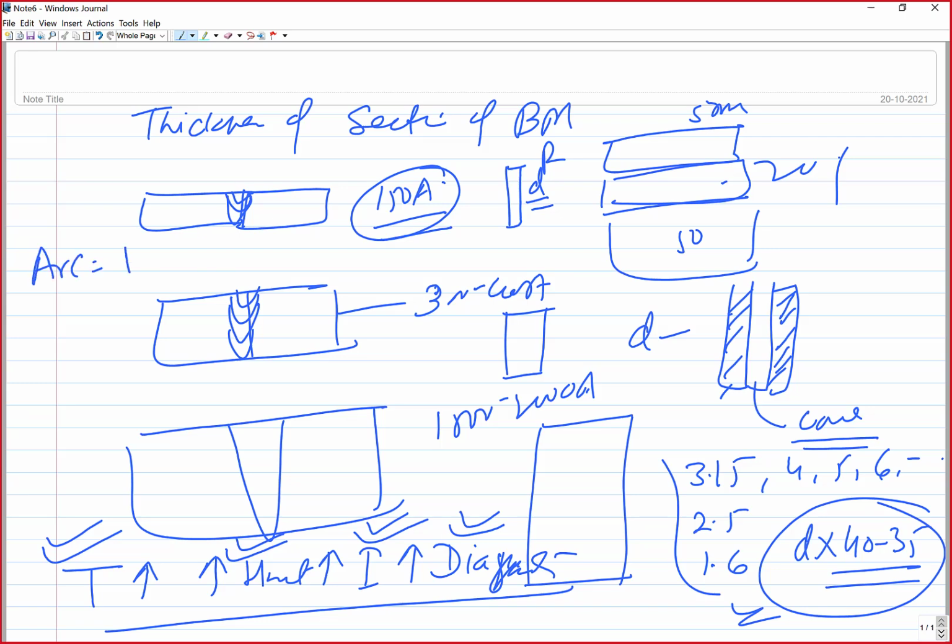Arc power, I have told you, depends on VI. VI is usually very low, and it is fixed for a given process. Say for TIG welding, it is just 10 to 15 volts. For MIG welding, it may be a little more, say 20 volts. But we don't use voltage to adjust the heat input, although it will affect the arc power.